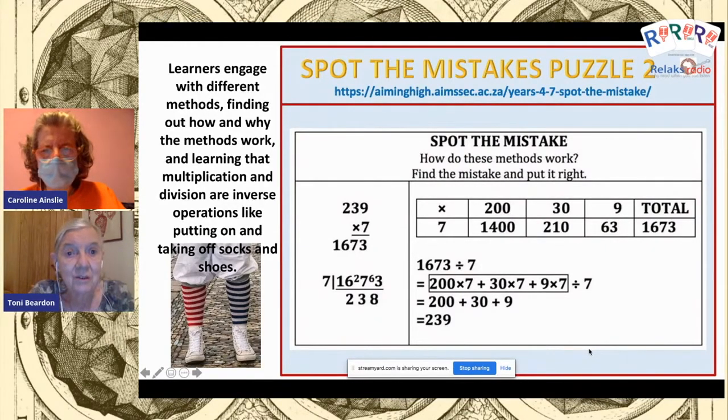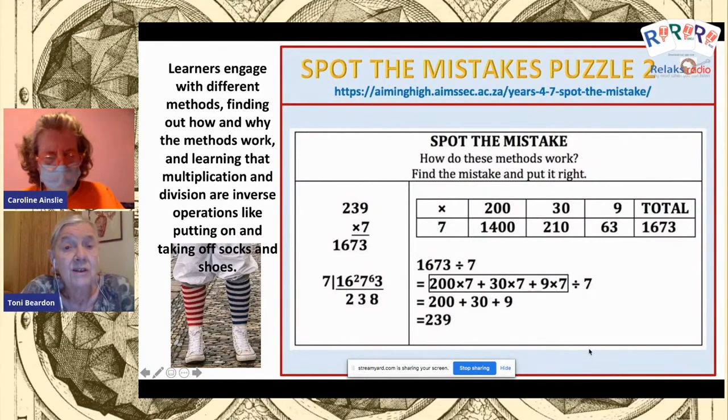And you can see that multiplication produces an answer, 1,673. And then the dividing undoes that and gets back to this 239 from which you started.